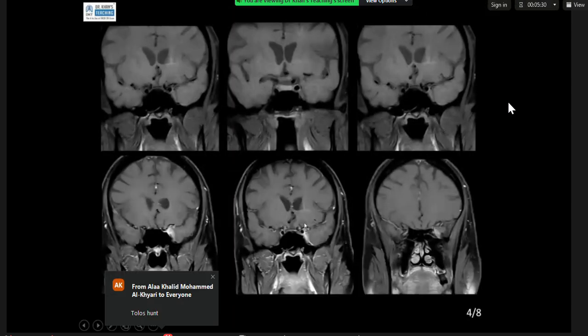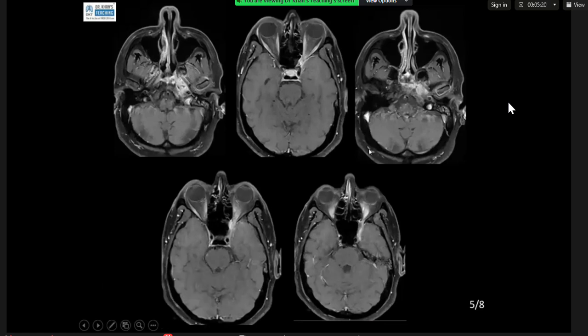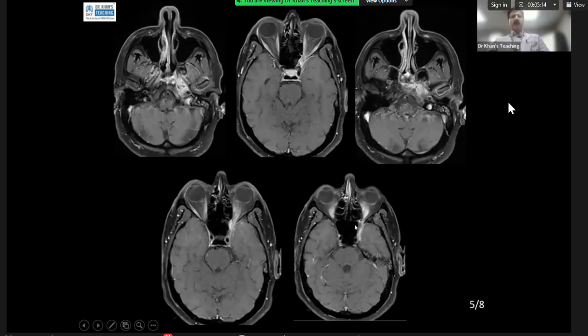Yes, so I would think about cavernous sinus thrombosis as a complication of the inflammation within the petrous apex. Excellent. So we can see cavernous sinus thrombosis here.